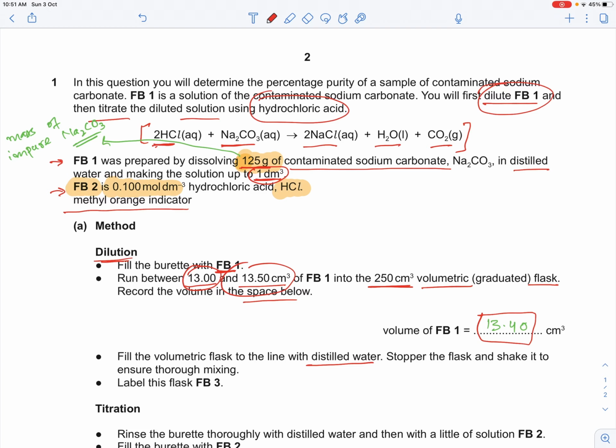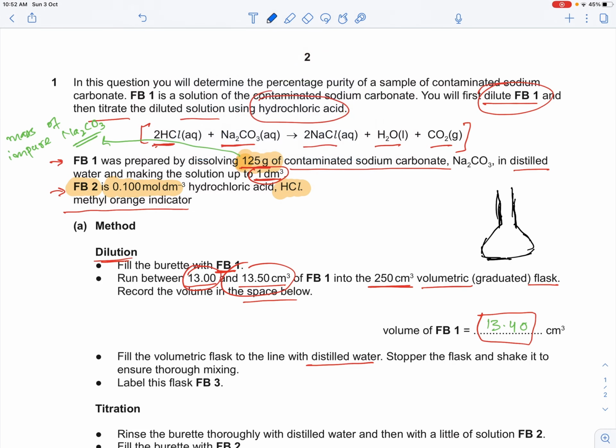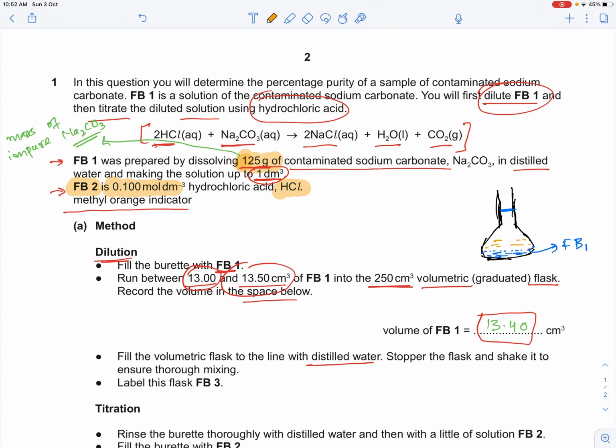Just to make the diluted solution, you fill the rest of the volumetric flask with water. Let's say this is our volumetric flask, and I'm very bad with diagrams. You have taken 13.40 centimeter cube of Fb1, and this is the marking of the volumetric flask. You fill the rest of the volumetric flask with water.